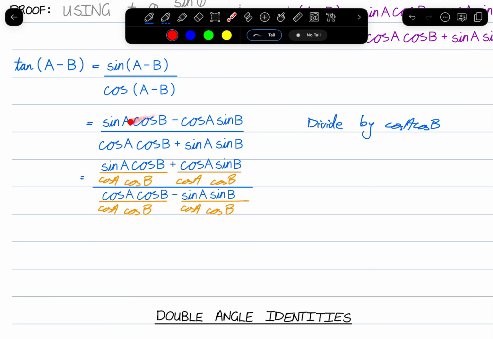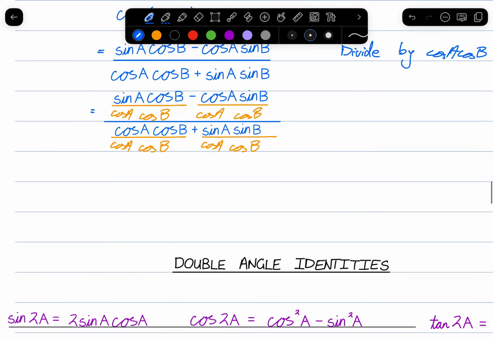Well, this is a bit confusing here. This is the equivalent to this step. This minus should change, should be a plus. And likewise, this plus here in the denominator should change here.